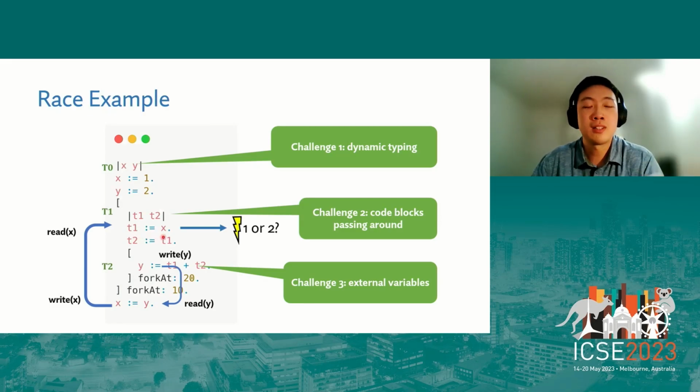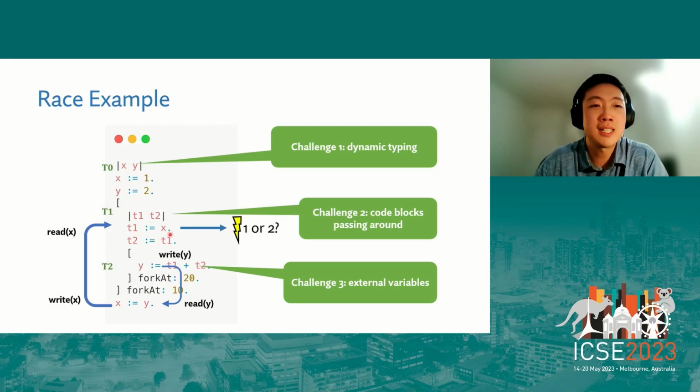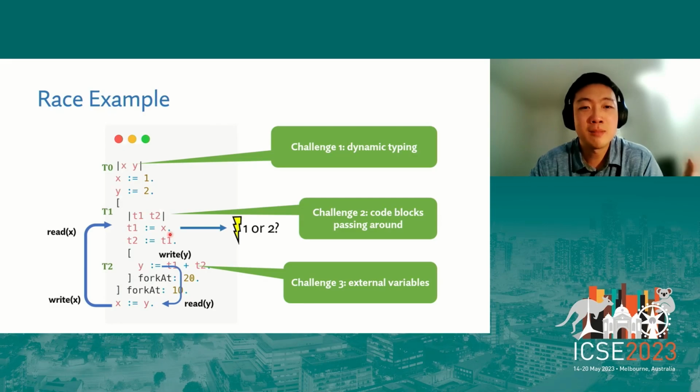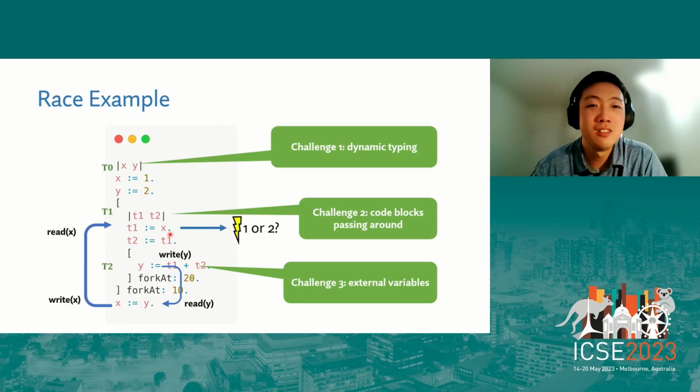T1 has the same pointer set as variable X, so this basically points to the same memory location. So it means that the memory location can be passed around inside a code block, inside a function, or even interprocedurally, making it very hard to resolve the actual mapping from the variable to the memory location or the heap allocation.